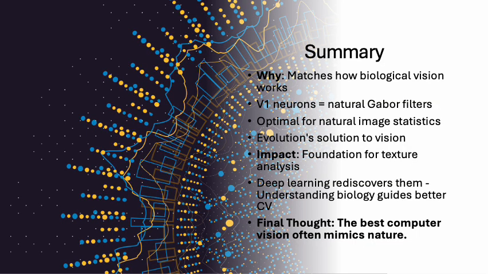They work because they match how biological vision evolved. They are mathematically optimal for the natural images that we as humans see on Earth, which is why deep learning keeps rediscovering them. The big lesson here is that the best computer vision solutions often come from understanding biology.